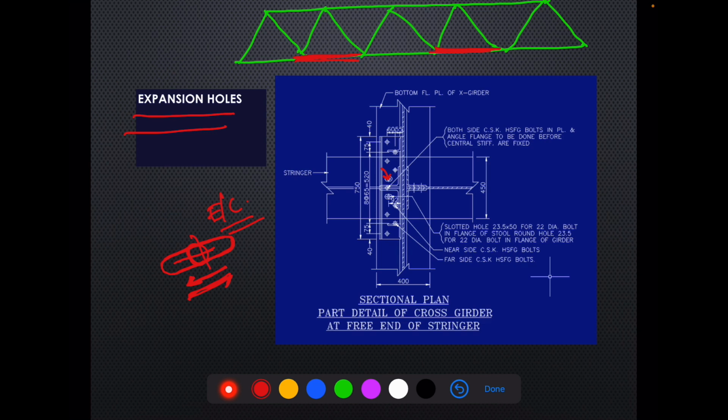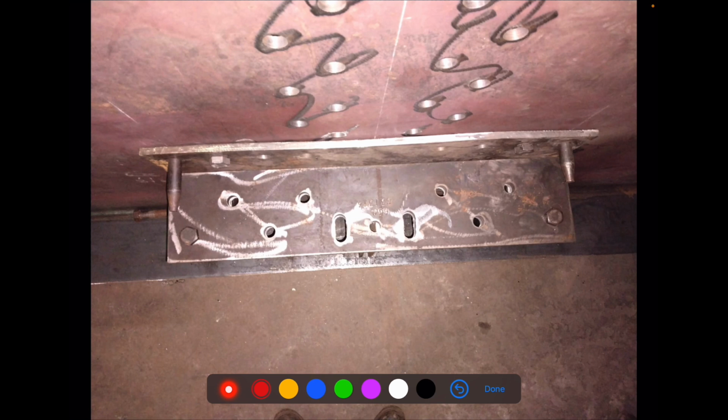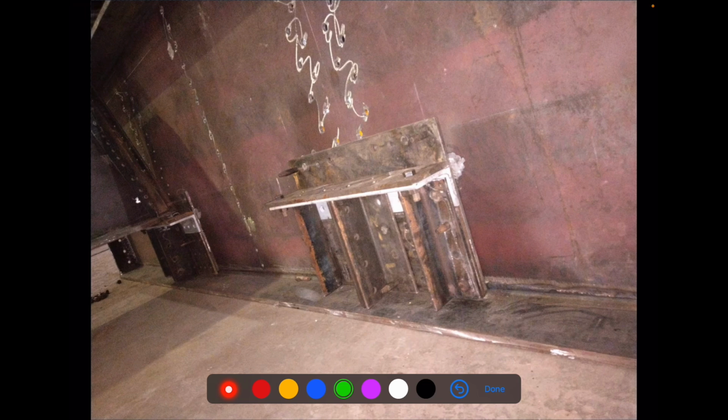So let's see how typically the section looks like. So this is what the stool kind of arrangement I was talking about. So these are two expansion holes here. So this is what a stool actually looks like. This is a stool arrangement. So our stringer bottom flange will come over here. Here the slotted holes are provided like this.